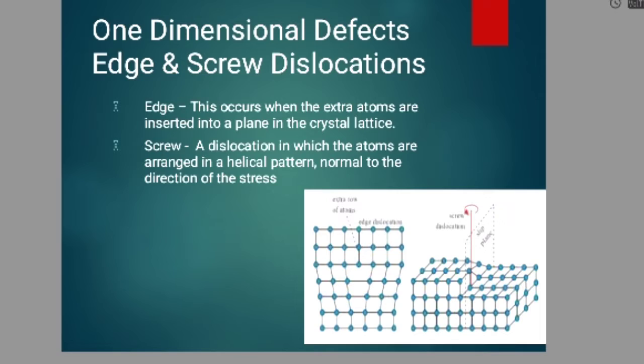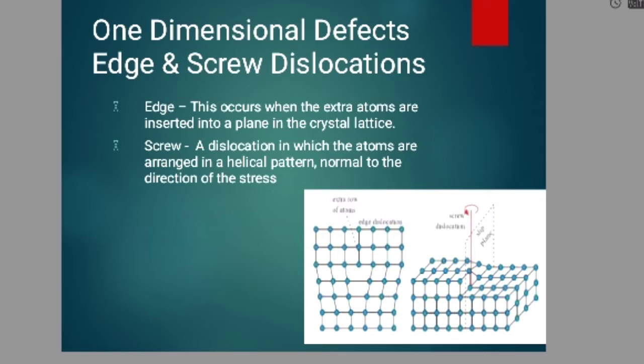There is an extra row inserted in between the original atoms. So there is a deviation, an irregularity, and the regular pattern gets disturbed due to these extra rows of atoms. Due to this there is a deviation in the edge, and you can call it an edge dislocation.